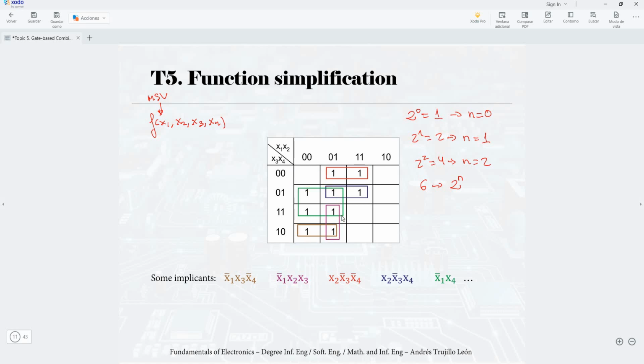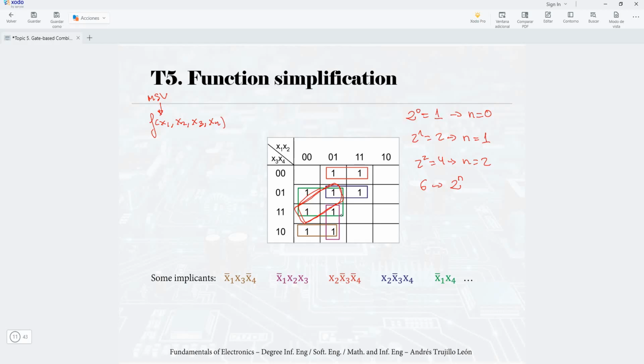And this? No, because it's not a rectangle, it's a different shape. The reason is because the cells are not adjacent. I told you that adjacency appears only in the vertical and horizontal directions.